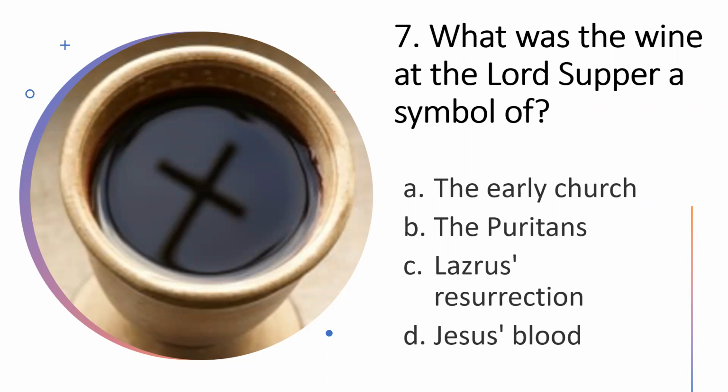Everyone answering, please. Tyrone, okay, good. D, Jesus's blood that was shed for the sins of the world.